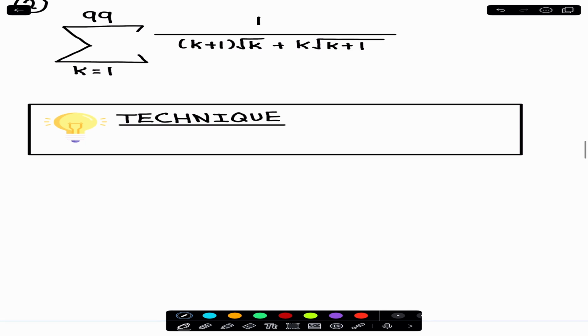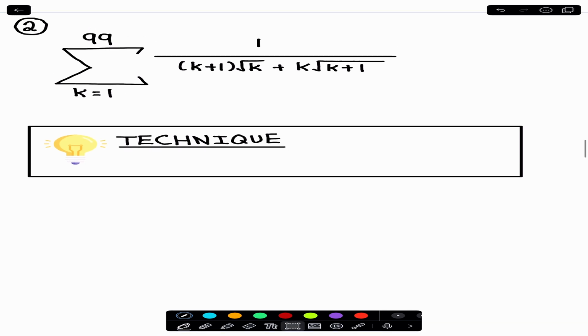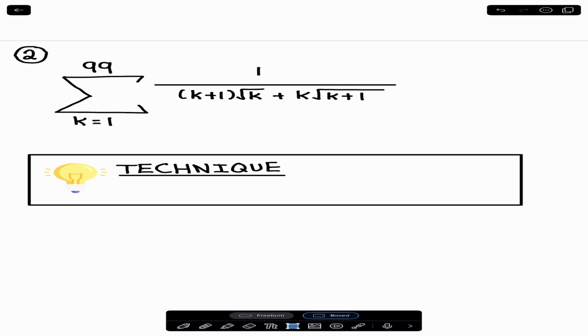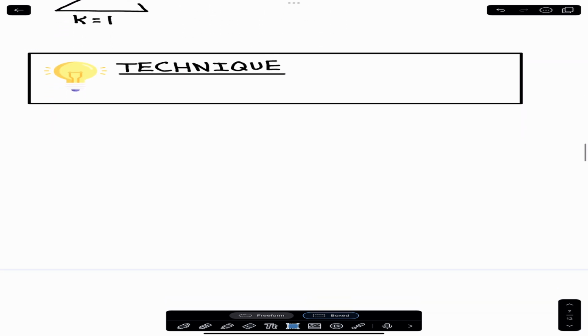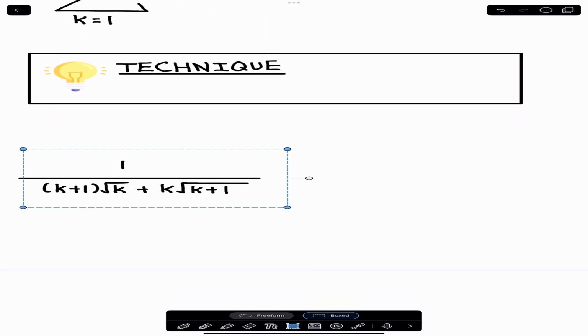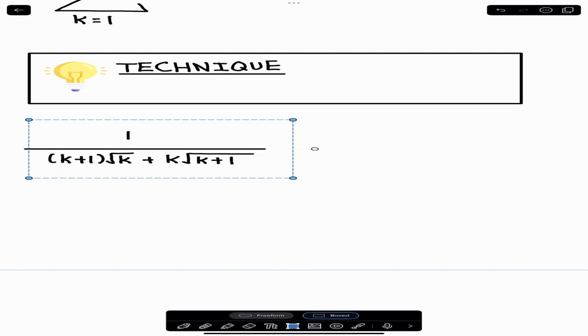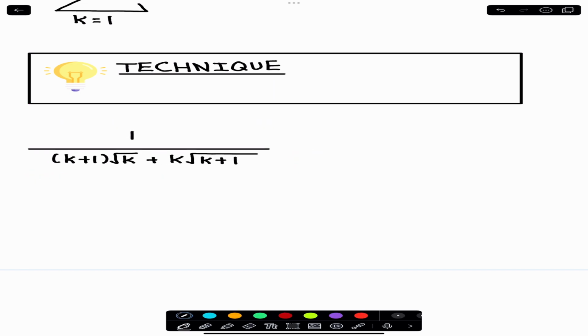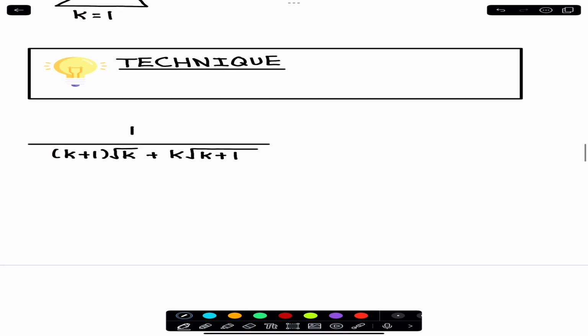So I want you to use the same technique that you've always done, even for a scary looking problem. That's something you're going to have to get used to in math, okay? Even if it looks scary, don't forget your fundamentals. So what do I mean by that? Well, whenever you have a square root in the denominator, we really only have one thing that we can possibly do. And if you remember the warm-up problem, it's time to rationalize.